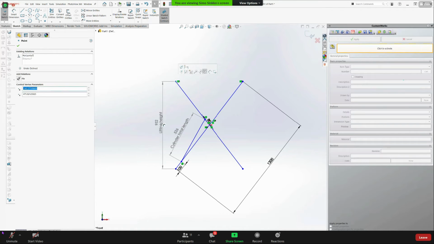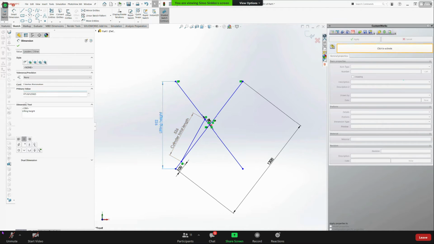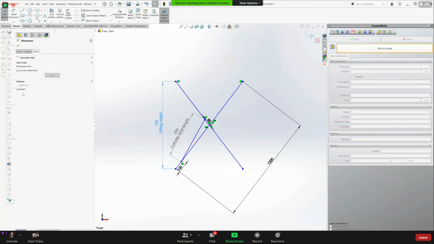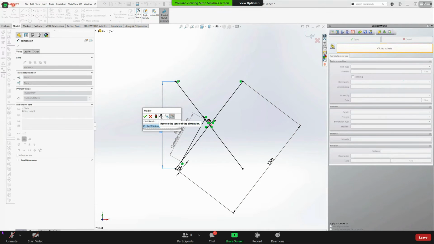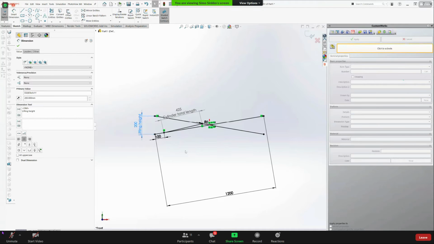And now if we want, we can also change this so that it is not driven, but some exact value. So we are able to put here, for example, 200 millimeters and see what is the cylinder total length in this case.